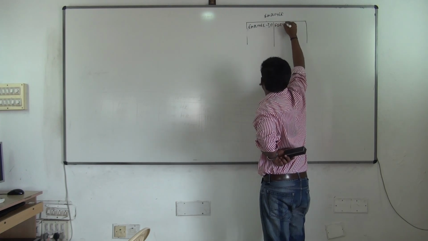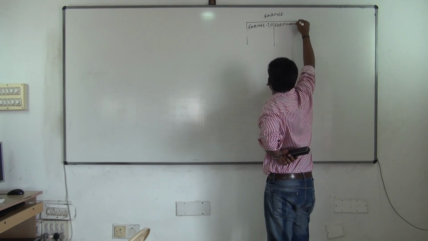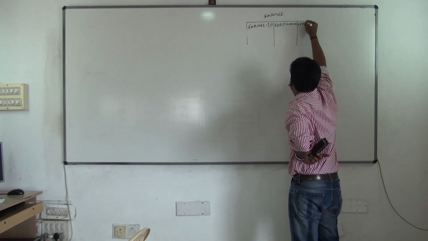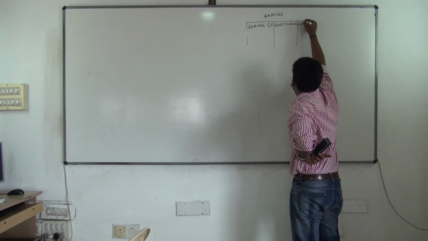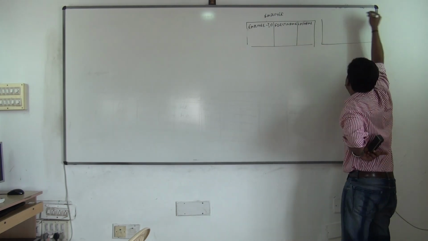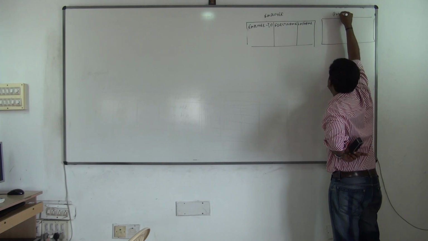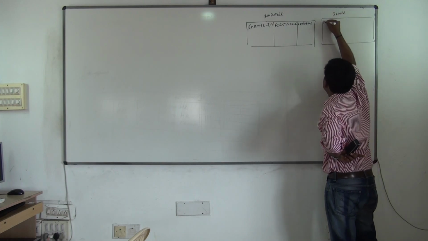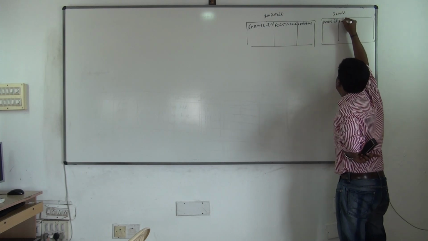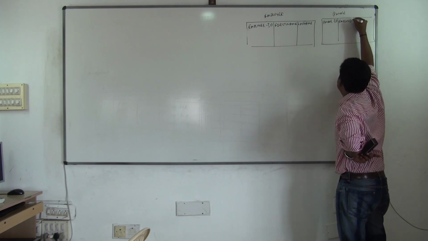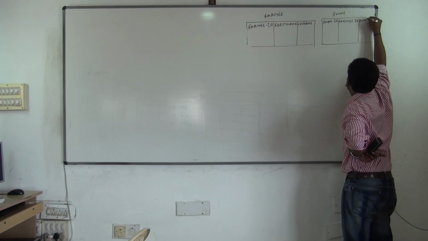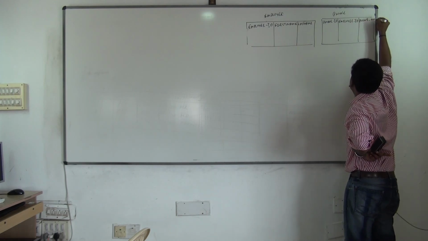First name, then last name, is one table. One more table you're going to have is phone ID, employee ID, and one more would be phone number. Is it visible now?